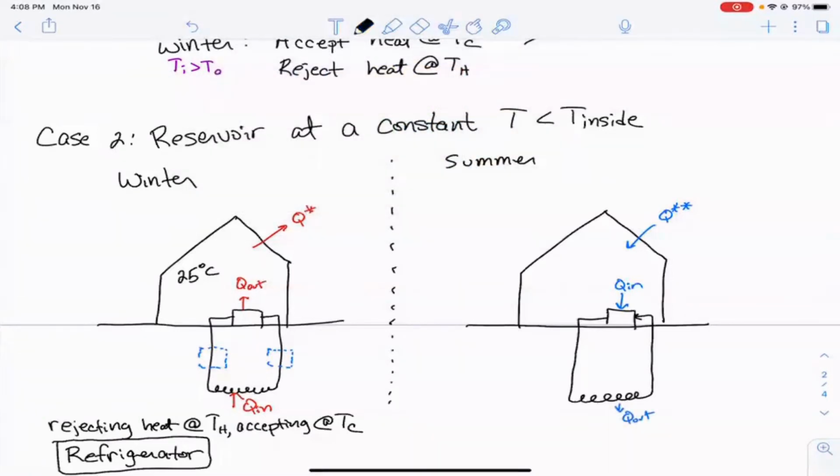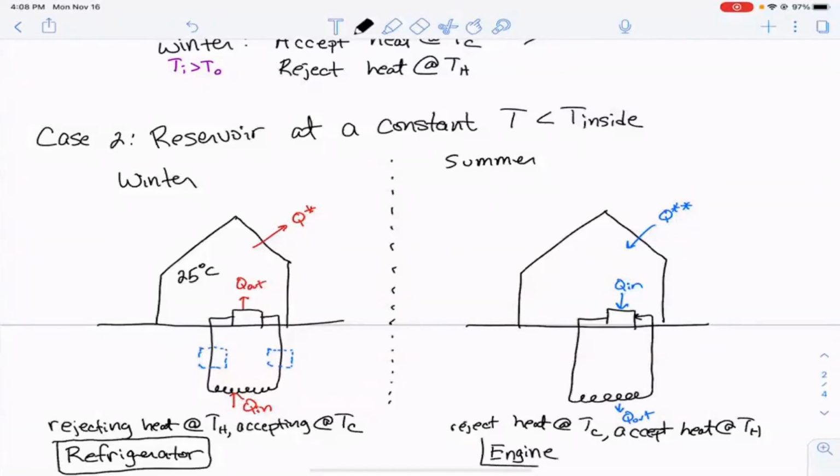And so in the summertime, we want to reject heat at T cold and accept heat at T hot. And if we think about that, that is exactly what a heat engine does, or what the Carnot engine would do, okay?